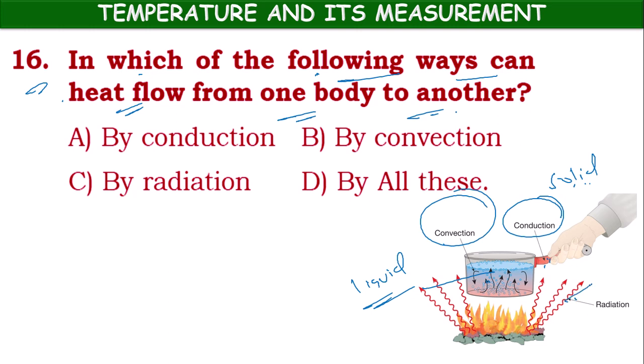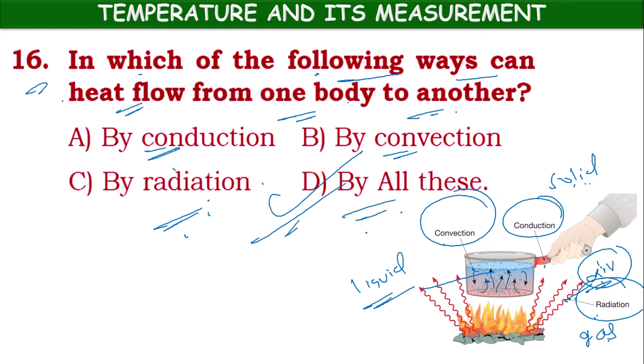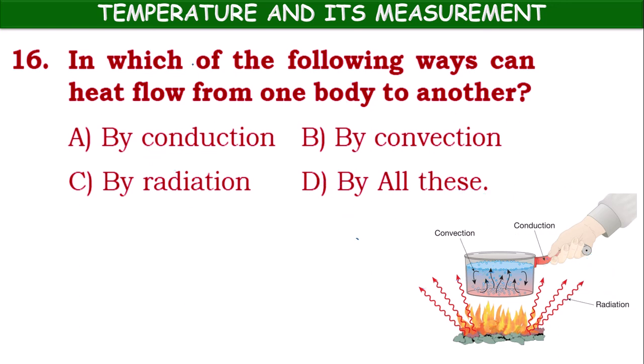Here this flame will go to the surrounding air and make the surrounding air hot, which is a gas. That process is called radiation. So heat transfer can happen by conduction or convection or radiation. It can happen in any way. So the answer is option D. All of this is the correct option.